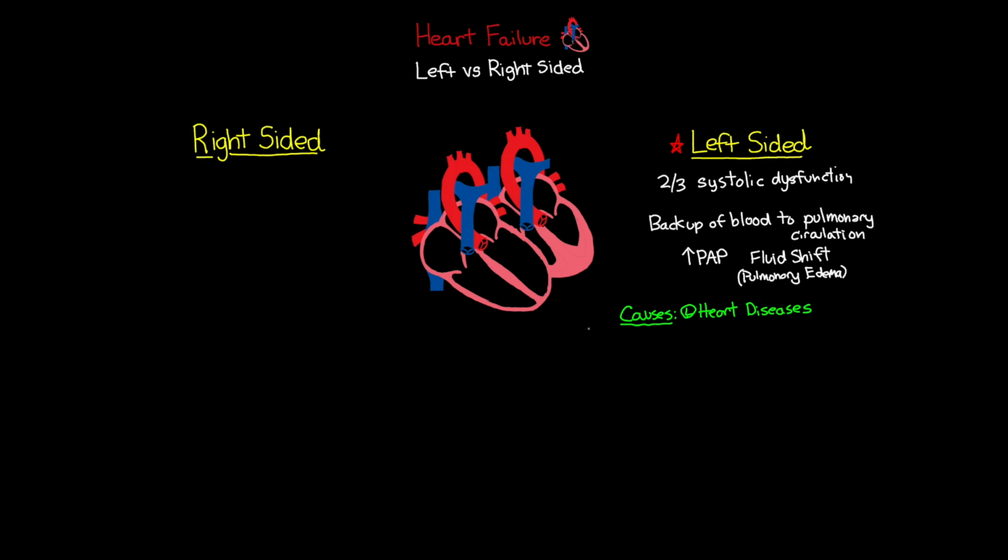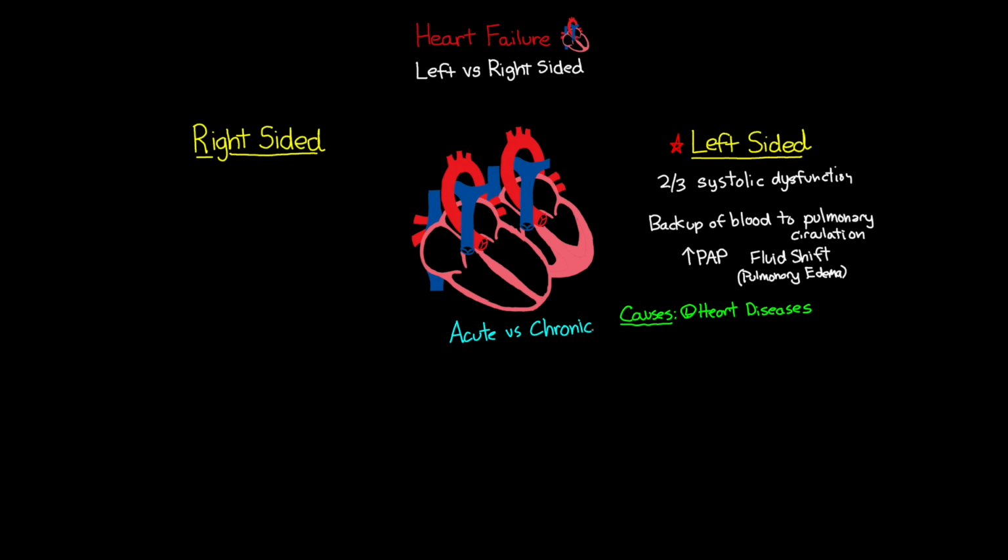Now, with that said, I do want to diverge for just a second and talk about something we really haven't addressed up to this point, and that's the difference between acute and chronic heart failure. For the most part, what we're going to be talking about in these lessons is related to chronic heart failure, and so a lot of the causes we're talking about are chronic issues that over time lead to this state of heart failure in our patient.